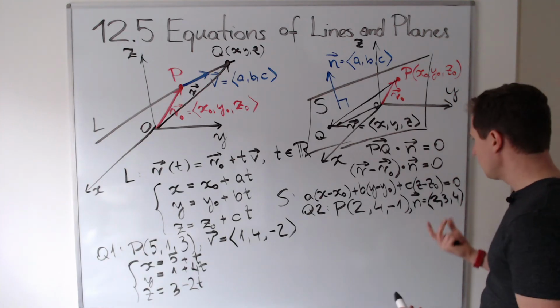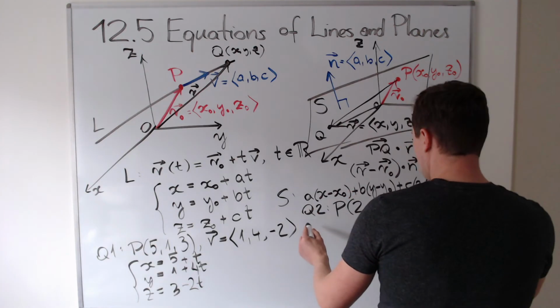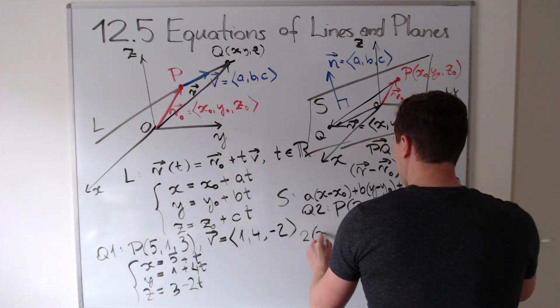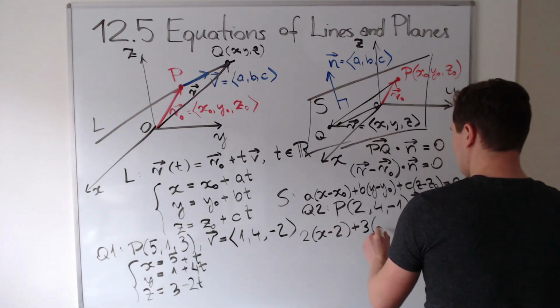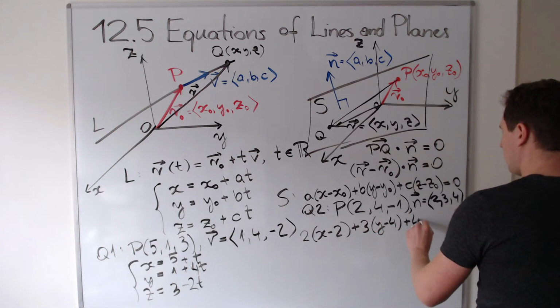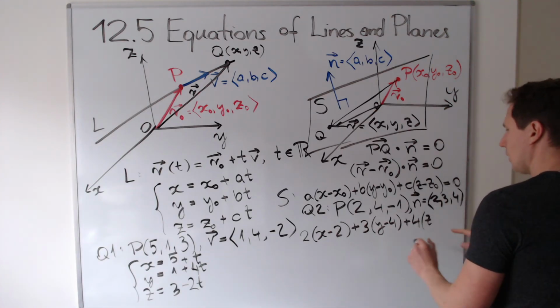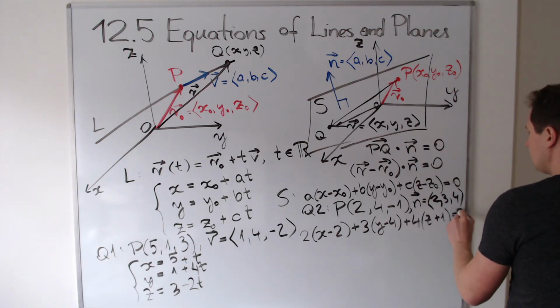I hope you paused it and you used this formula to simply say that it's 2 times x minus 2 plus 3 times y minus 4 plus 4 times z minus 1, so that's a plus 1 equals 0.